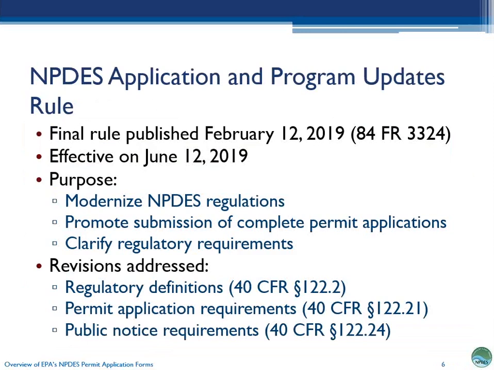The rulemaking included regulatory changes to improve and clarify the regulations in the following categories: regulatory definitions, permit applications, and the public notice process. Today, we'll be focusing on the regulatory changes pertaining to the permit applications.